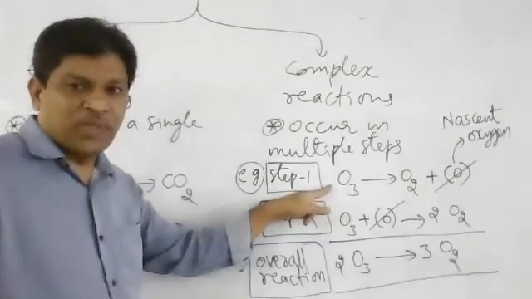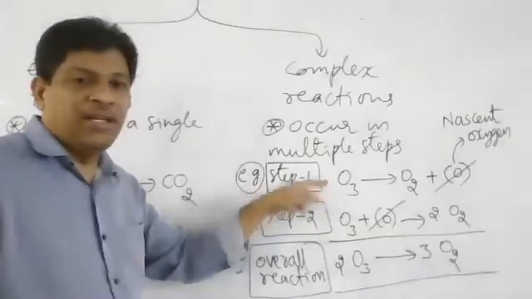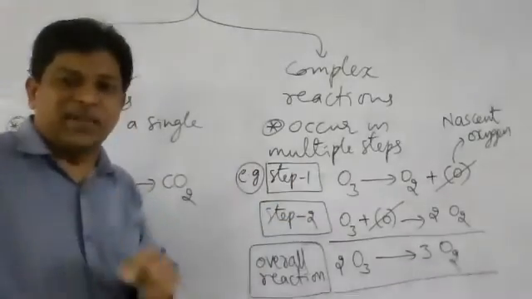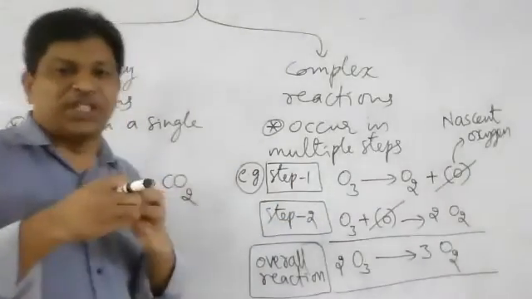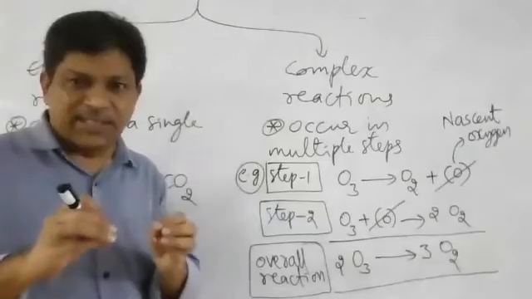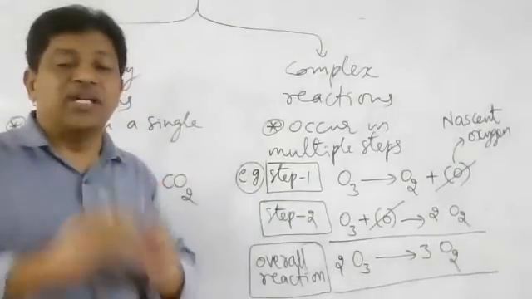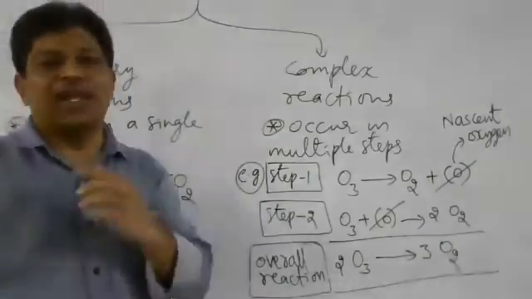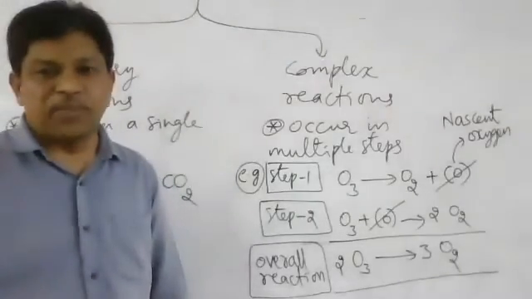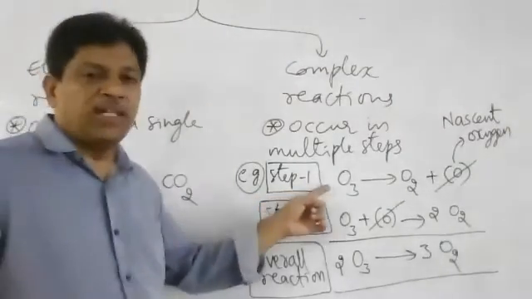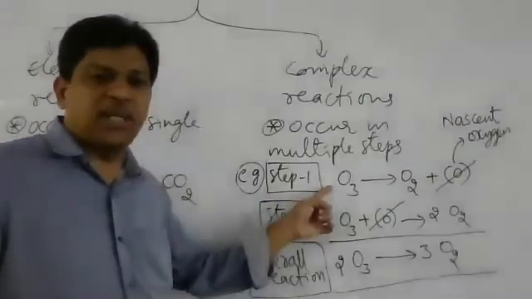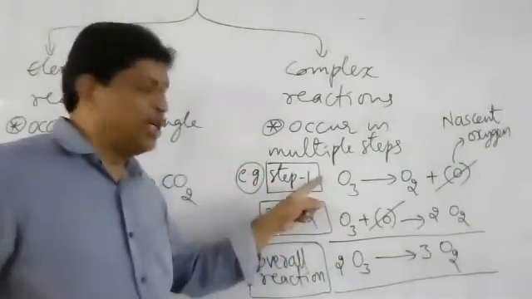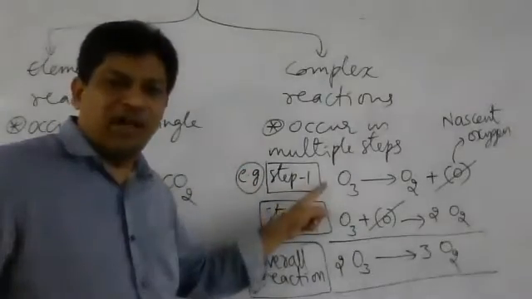The number of reacting species colliding with each other is called molecularity. For this first step, what is the molecularity? 1. So it is a unimolecular reaction.